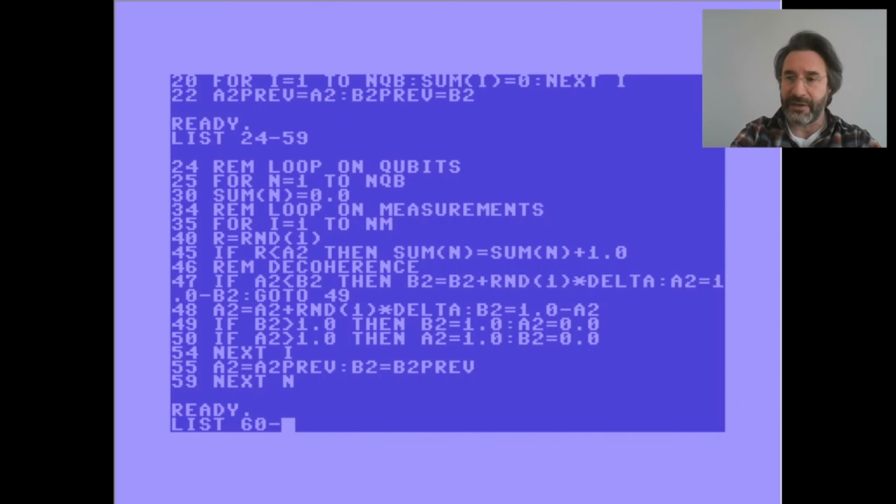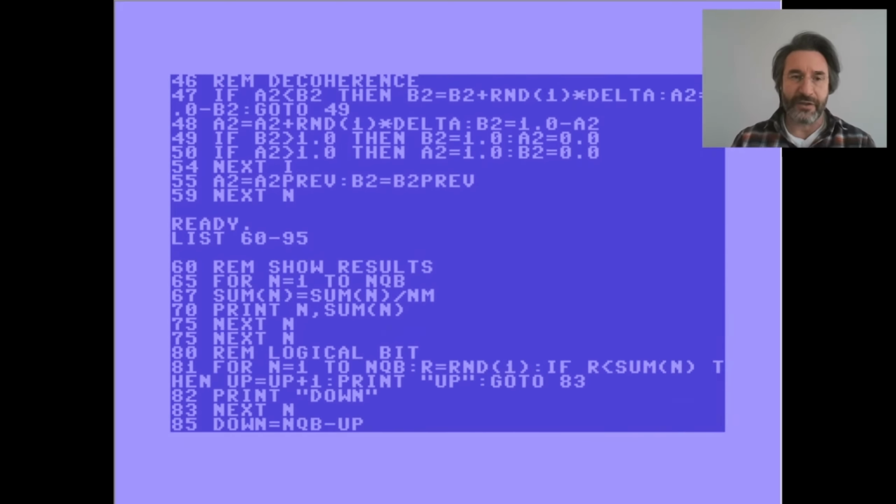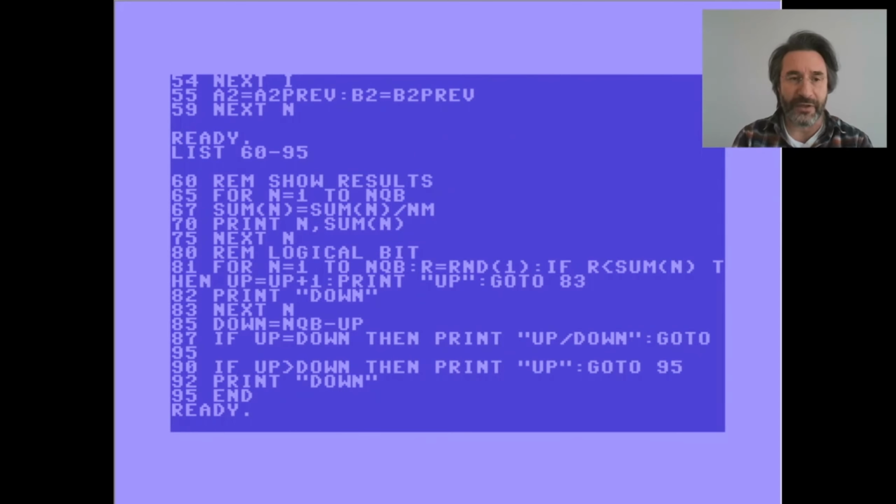So if we go from line 60 to line 95, this is the final part of the program. As you can see, it ends on line 95 where we have the command END. And at line 60, we have a remark that explains very easily what this part of the code does. It shows the results of measurements and the effects of decoherence. So in practice, the very first thing that it is going to show you is from line 65 until line 75. It's going to show you for every qubit what was in practice the state that the qubit is in.